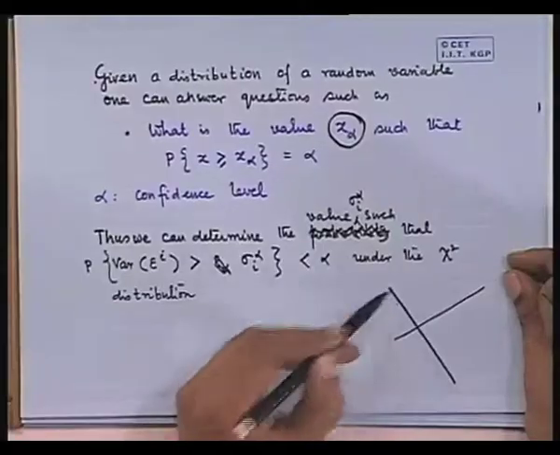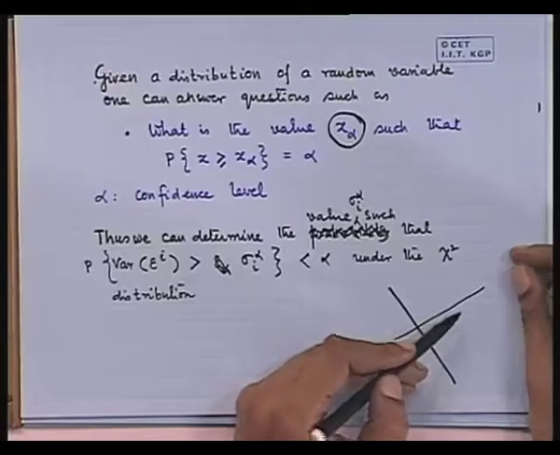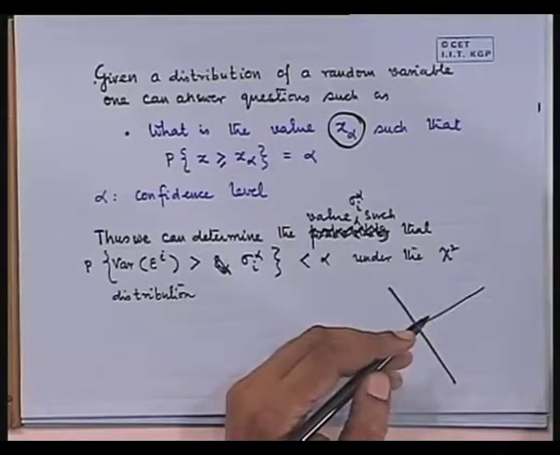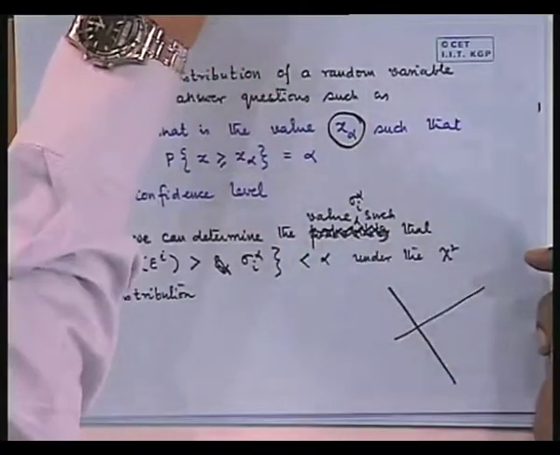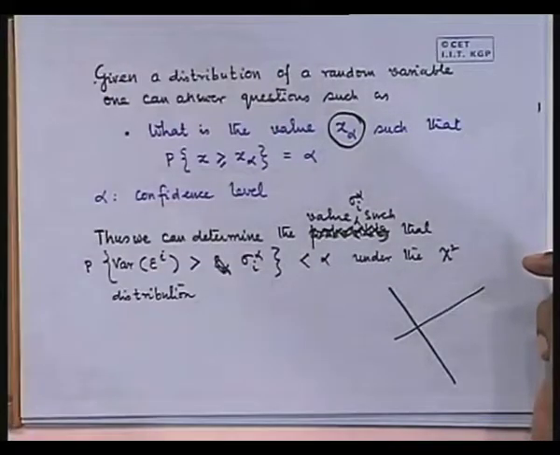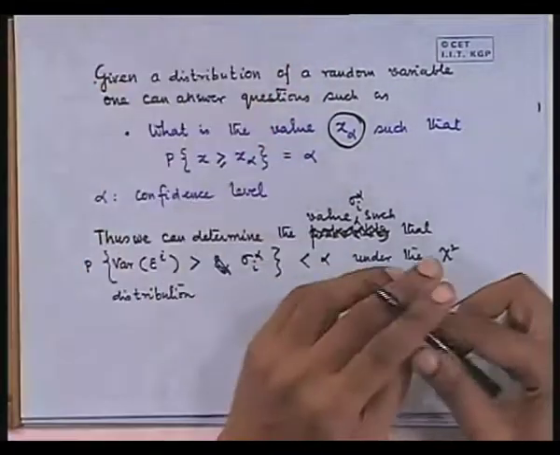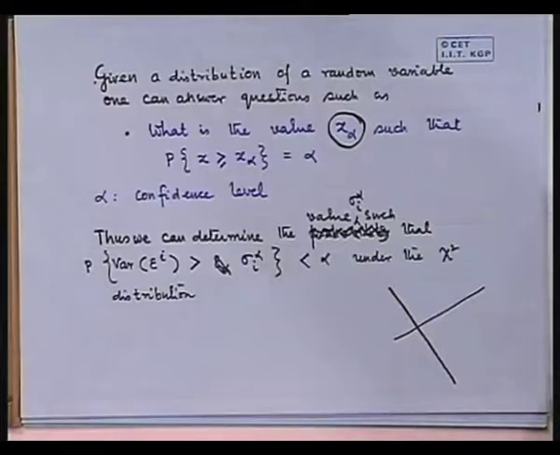So what you can do is actually, given a distribution of random variables, for example, you can easily understand this in the case of Gaussian. Suppose somebody tells you that if you do an experiment, if you pick an object, or if you pick a value or a number, it will come from a distribution of mean 1 and variance 1, right?